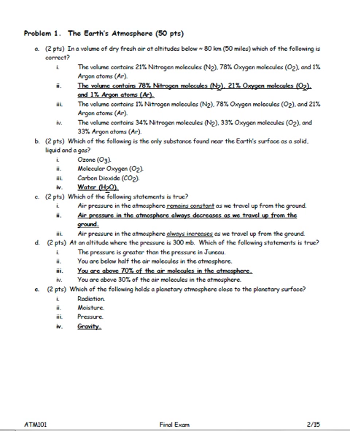We say the volume contains these number of molecules because even though the molecules have different masses, they occupy the same volume. So 78% nitrogen molecules means that in 1,000 molecules there would be 780 nitrogen molecules. The other choices, we've just scrambled the percentages.